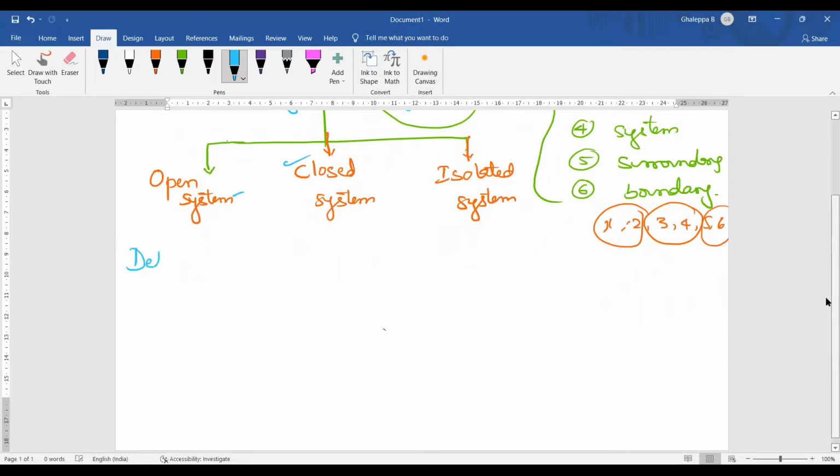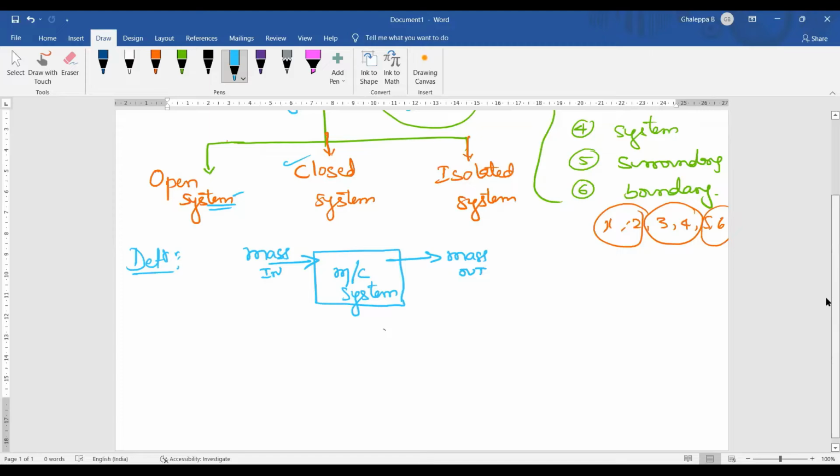The first definition, open system, is a thermodynamic system, a device or a machine. For example, I will draw one simple square box. Assume this is a machine. This is one system. If this system is taking some working fluid, mass in, and this system is rejecting some mass out.